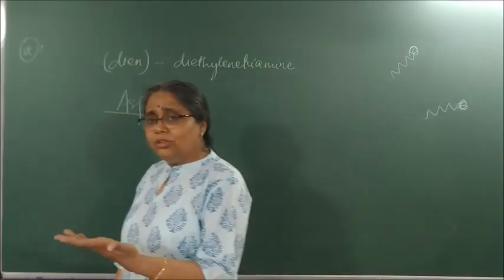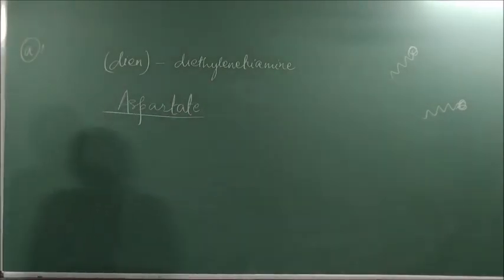Aspartic acid. What is so famous about aspartic acid? Tell. It is there in green leafy vegetables. Where did I teach you? I didn't teach it as aspartic acid. I taught you as amino acid.